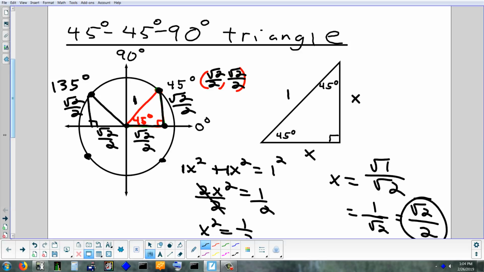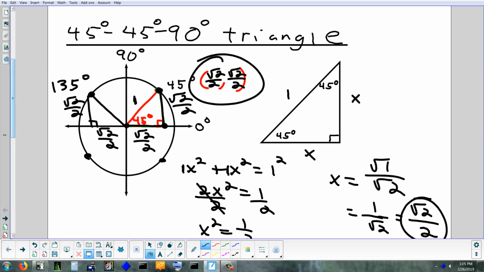But when you write the coordinate for 135, what do you think you have to be careful of? There's a negative, right? There's a negative on the x. So when we do 45s in other quadrants, the coordinates are still root 2/2, root 2/2. It's just sometimes there's a negative with the x, with the y, or with both. That's the only thing that's different. Okay. But for today, all we're going to do is stick with quadrant 1.